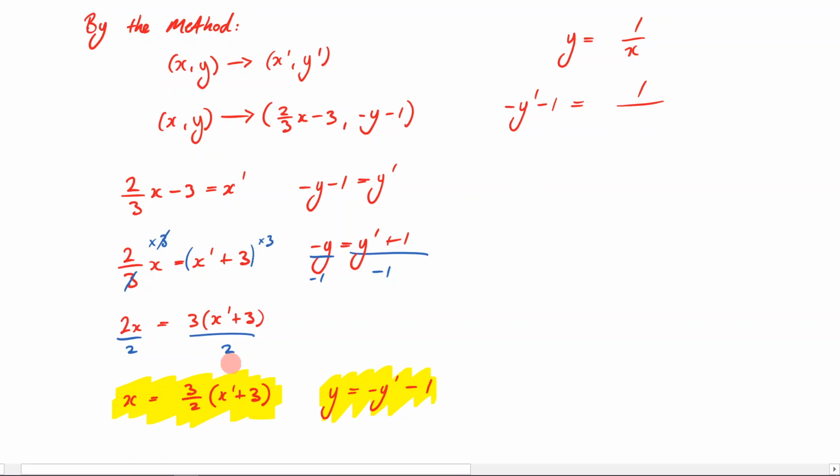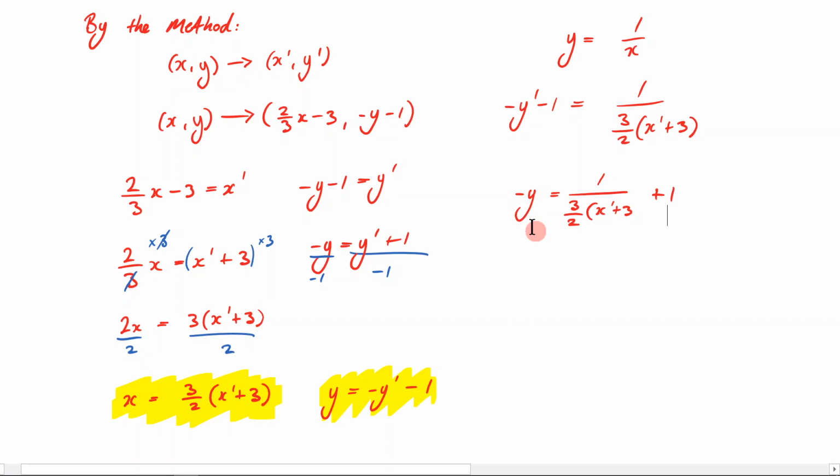In the x position, I put this right here. So it's going to be 3 over 2 x dash plus 3. Then I solve for y and drop my dashes. So it's going to be negative y is equal to 1 over 3 on 2 x dash plus 3 plus 1. And now I'm going to divide both sides by -1.